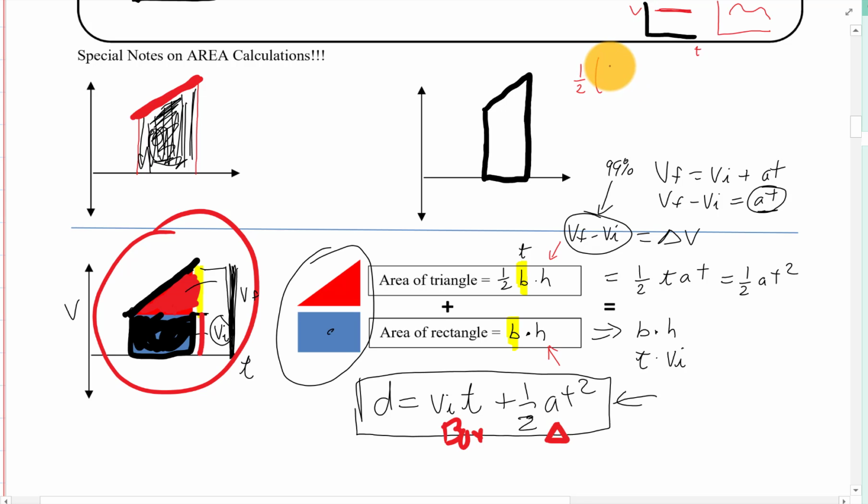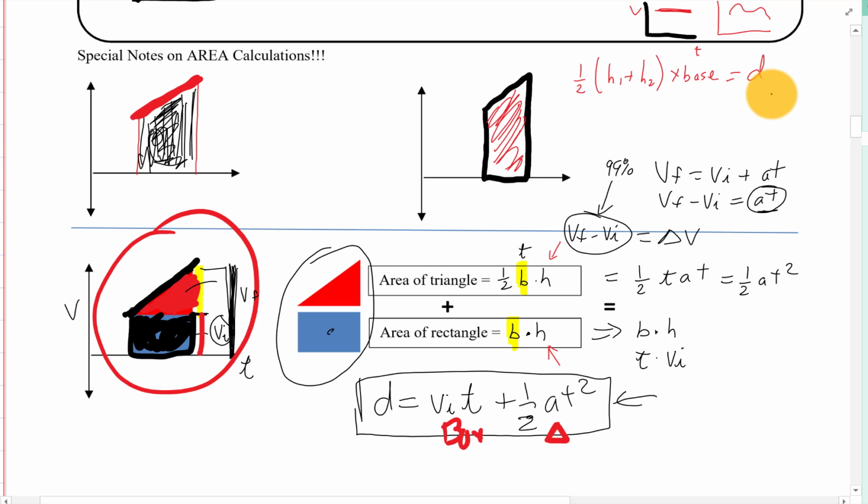Height 1 plus height 2, and you multiply it by the base. That's the area of a trapezoid. And that area is this red hashtag area, boom. And that is, by my claim of rule number 3, the displacement.